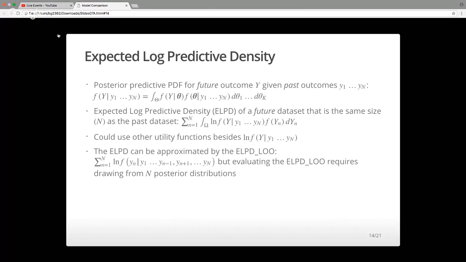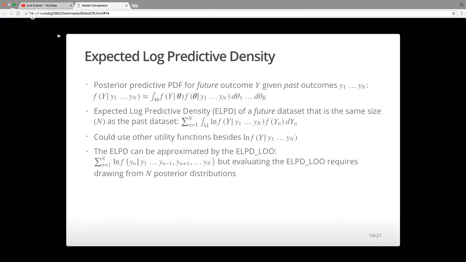That PDF can be represented as the distribution for future data given the parameters, multiplied by the conditional distribution of the parameters given past data, integrating out each theta parameter. Now, of course, we can't do that integral analytically, but conceptually, that is how we could come up with a PDF for a future outcome y.